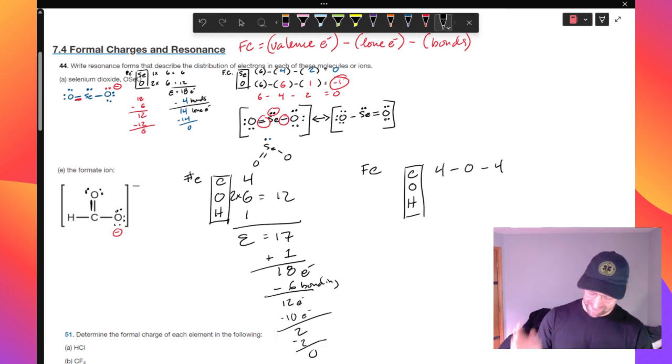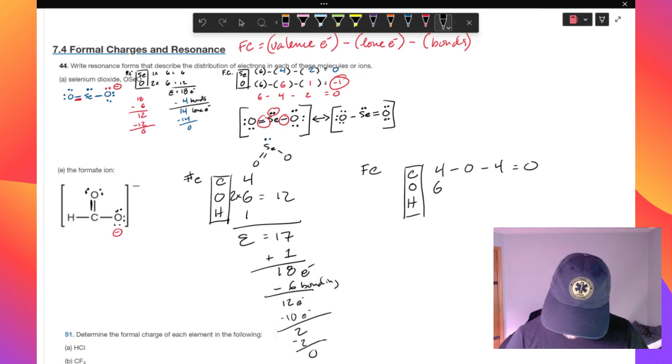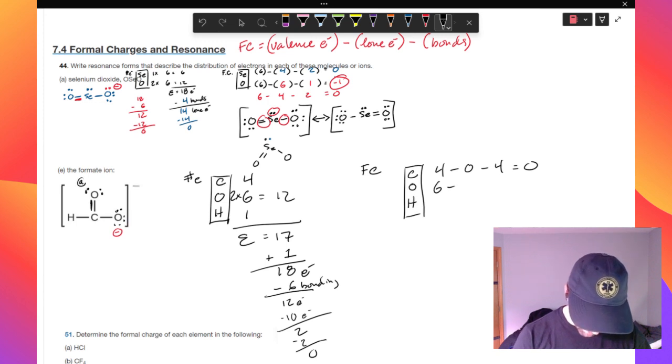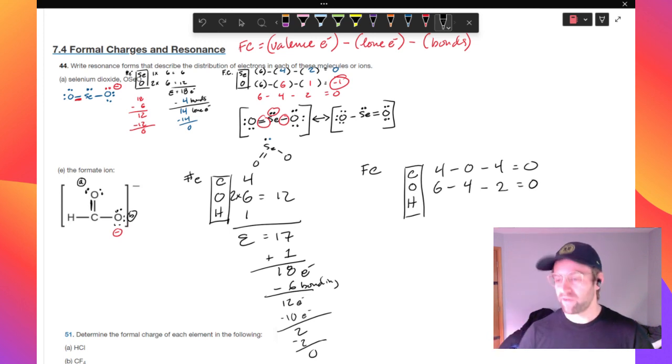Not number of electrons, number of bonds. Equals a formal charge of 0. Oxygen, we start with 6 valence electrons, minus, this will be oxygen A, this will be oxygen B. Oxygen A, we've got 4 lone electrons and 2 bonds. 0, that's a super happy oxygen.